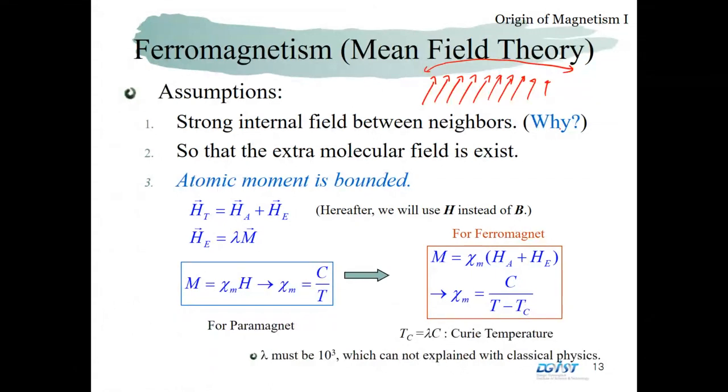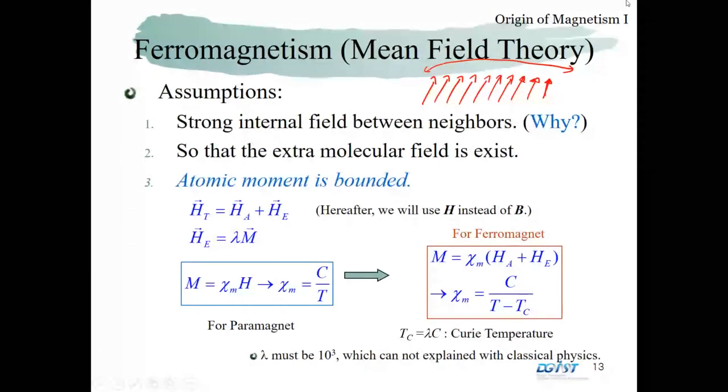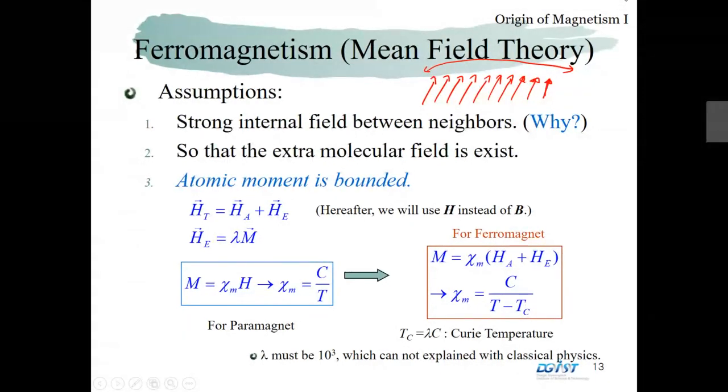Then, how can this be achieved? As I already mentioned, in such an aligned or ordered state, the entropy is decreased. So physically, it is not a favorable state.